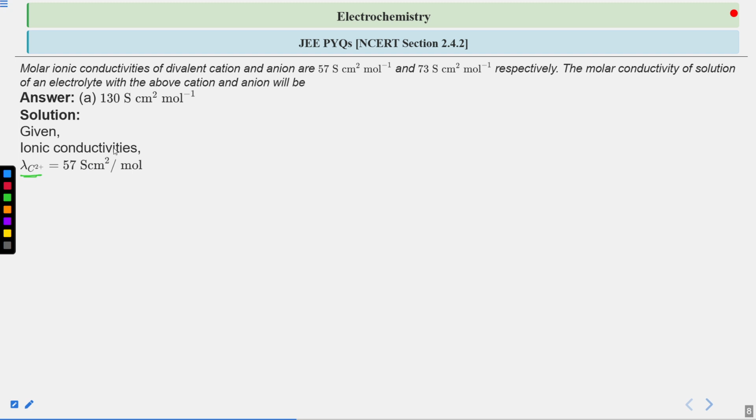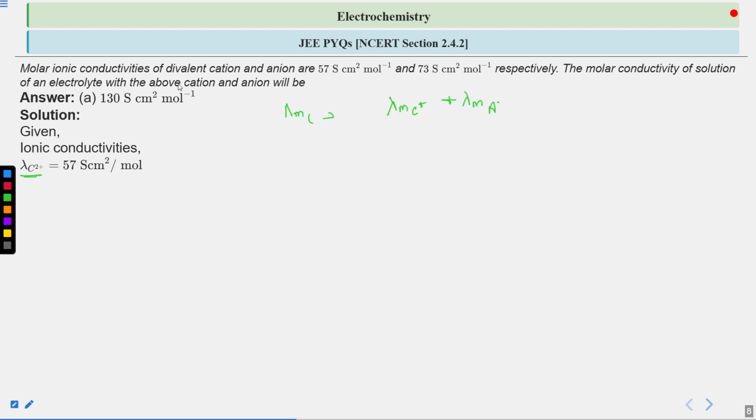First of all, if you remember Kohlrausch law, before that we studied the molar conductivity of the whole electrolyte, and then the molar conductivity of the cation and the molar conductivity of the anion, right? Similarly, that is what we are representing here.